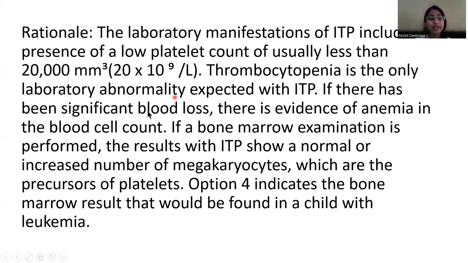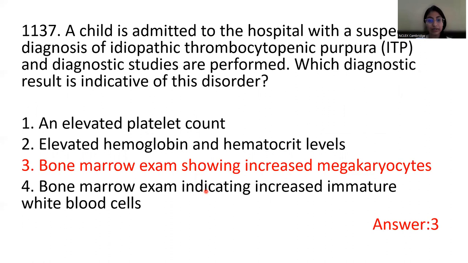If there has been significant blood loss, there is evidence of anemia in the blood cell count. If bone marrow examination is performed, the results with ITP show a normal or increased number of megakaryocytes, which are the precursors of platelets. So option 3 is correct.